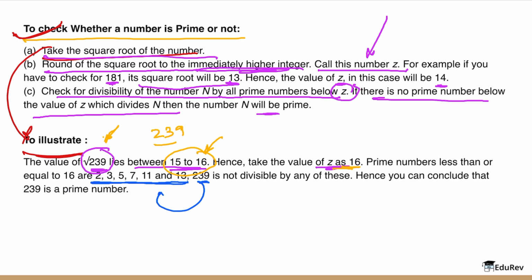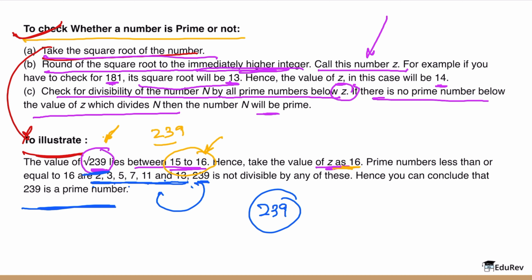In that case, it's a composite number. So when I divide 239 by 2, 3, 5, 7, 11 and 13, I found out that it's divisible by none of them. That means this is a prime number. Hence we conclude that 239, the number which I took initially, is a prime number. So this is how you are going to check whether a number is a prime number or not.